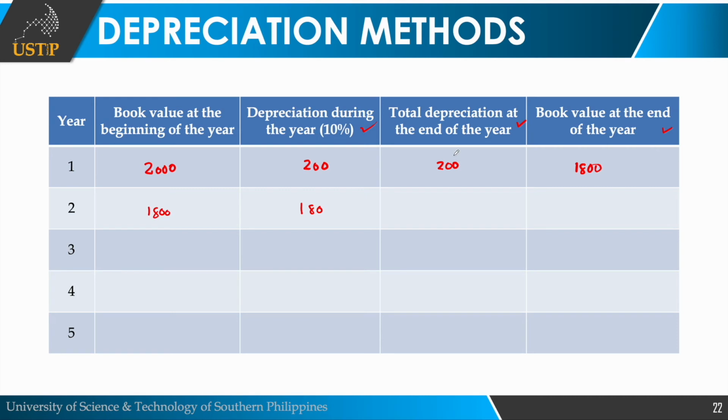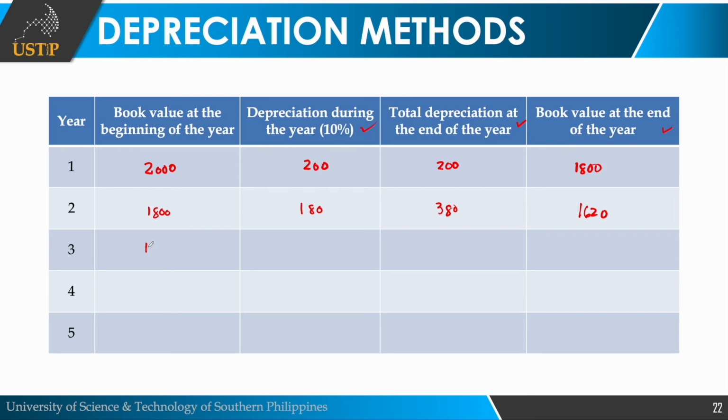And then, total depreciation niya is, of course, we add 200 and 180, that is 380. And then, book value na lang niya class is 1,800, minusan nimo sa 180, dili sa total class. Okay, dili siya sa total.